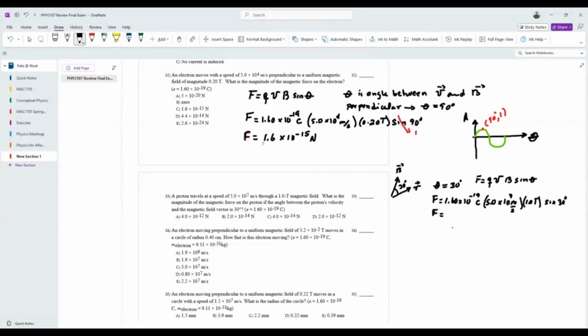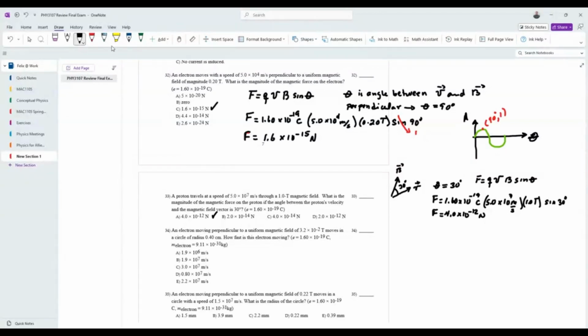So when you calculate the force now here, it will give you 4.0 times 10 to a negative 12 newtons.